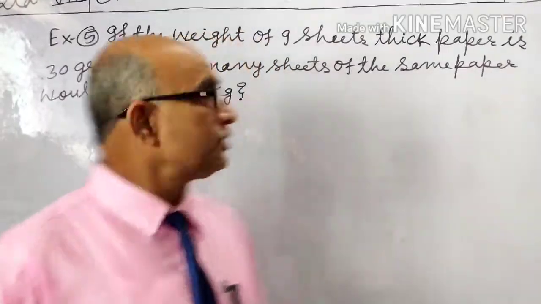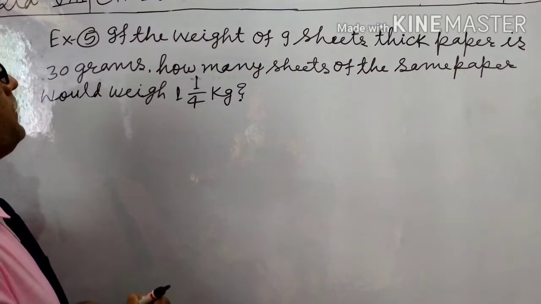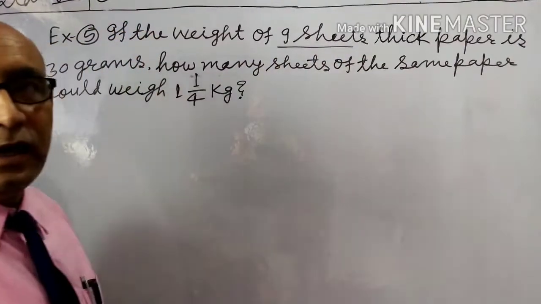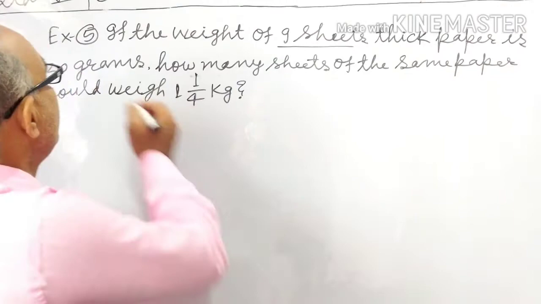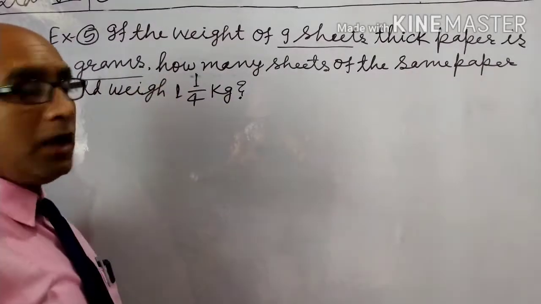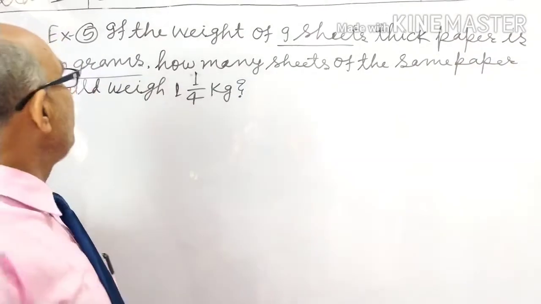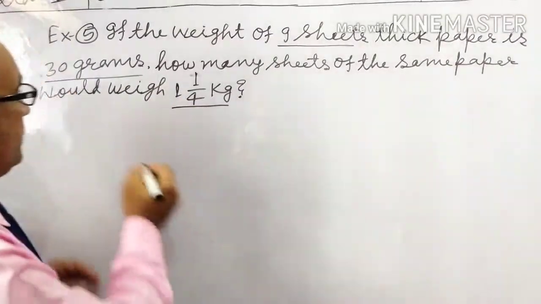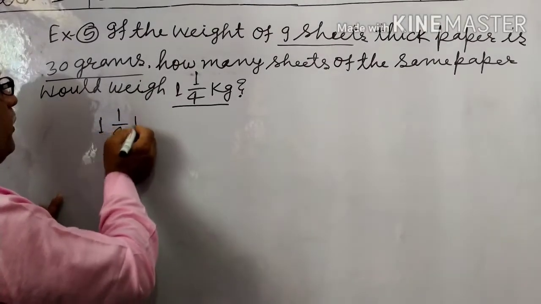Students, next question is example 5. If the weight of 9 sheets of thick paper is 36 grams, how many sheets of the same paper would weigh 1 whole 1 by 4 kg? So 1 whole 1 by 4 kg.